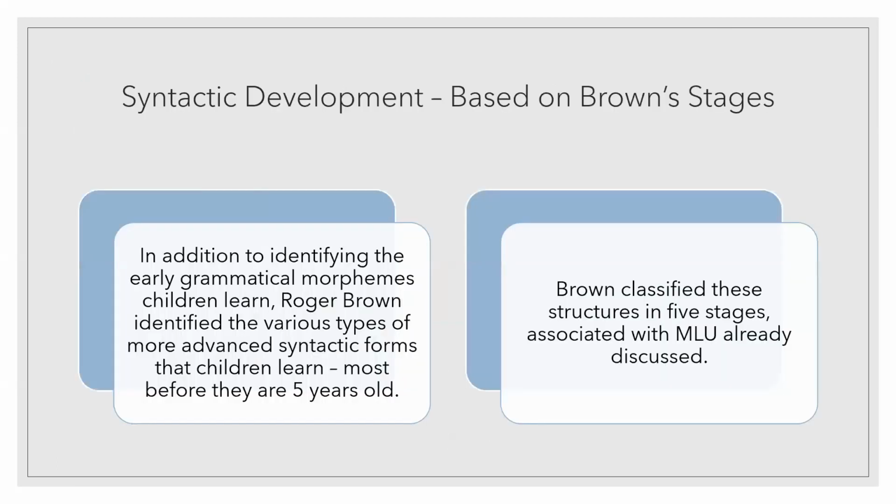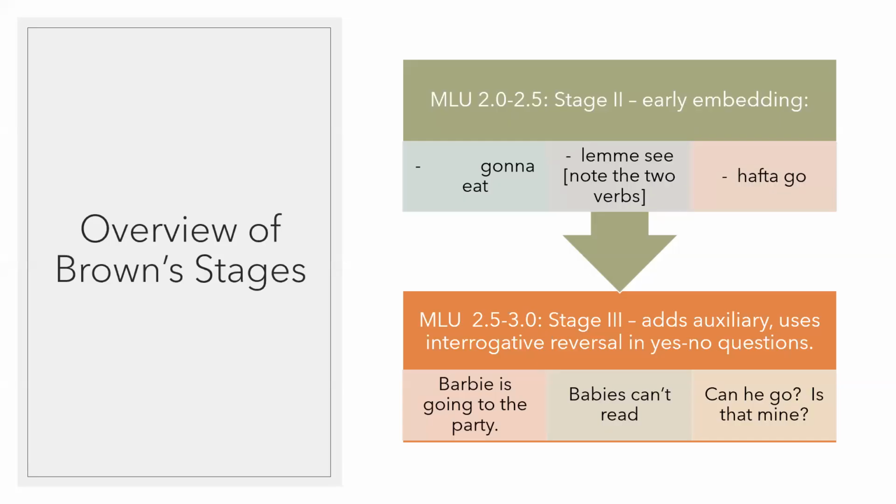Moving right along, Brown's stage 2 is when we really start seeing children emerge with the "gonna," "wanna," "have to's" of speech, like "gonna eat," and it is an expansion on the present progressive to early embedding.